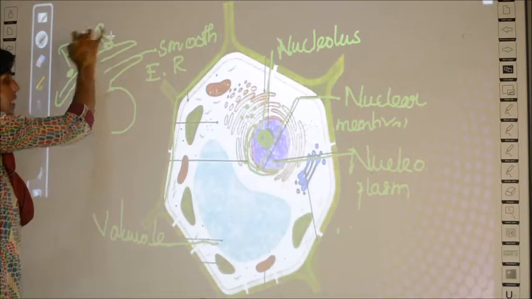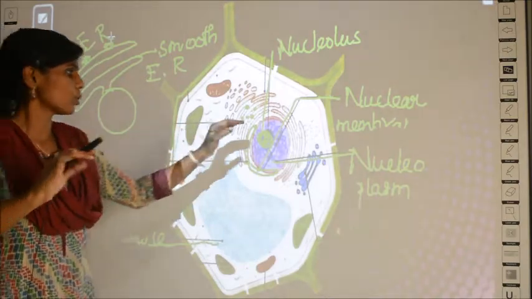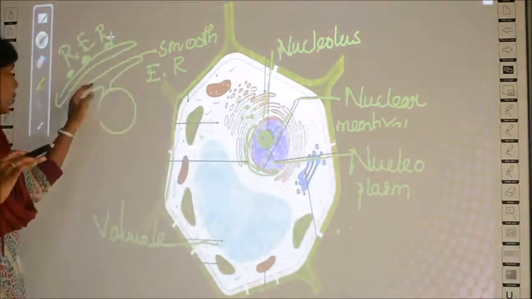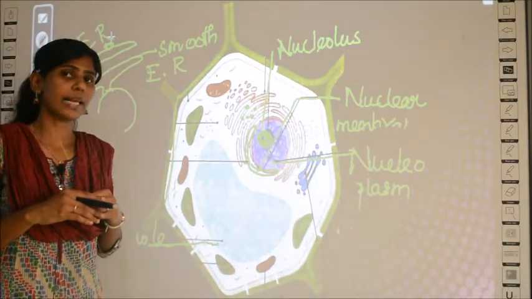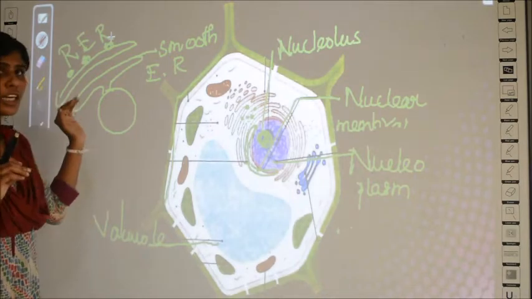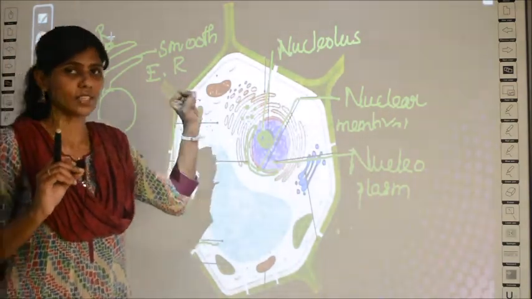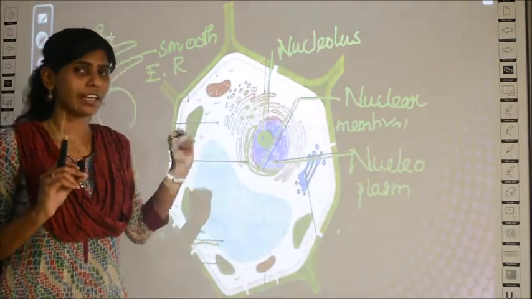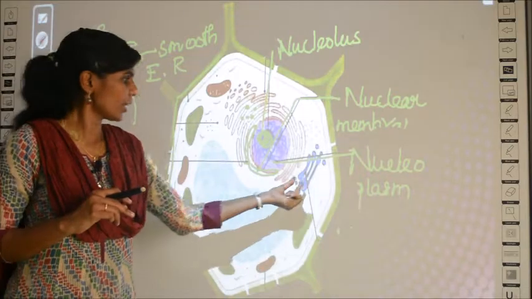I will label it as RER, which means rough endoplasmic reticulum. So, immediately surrounding the nucleus you will have such structures. They are called endoplasmic reticulum, and if there are no dots on it, it is called smooth endoplasmic reticulum, and if there are granular structures on it, it is called rough endoplasmic reticulum.